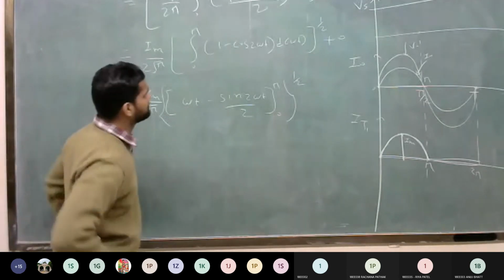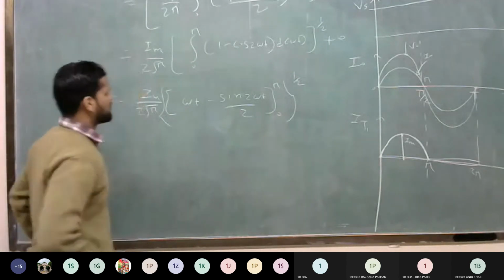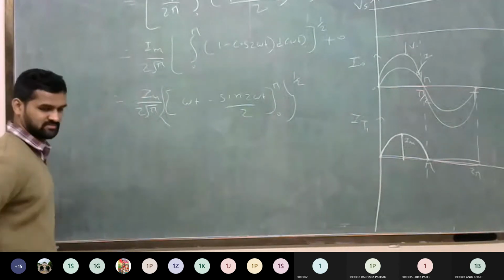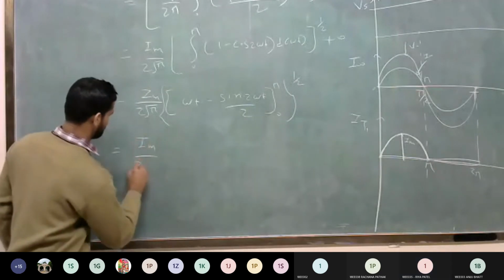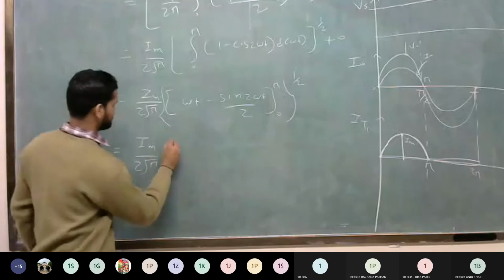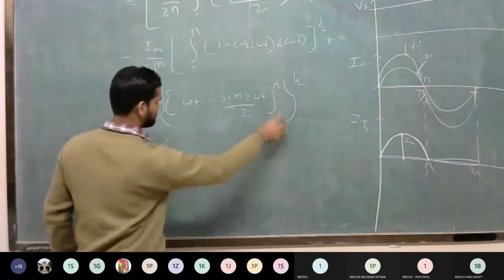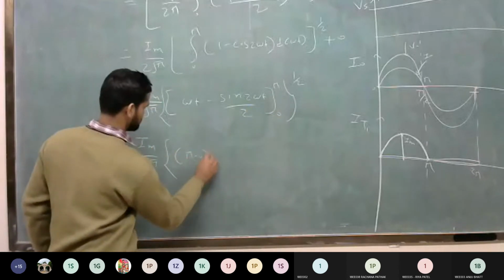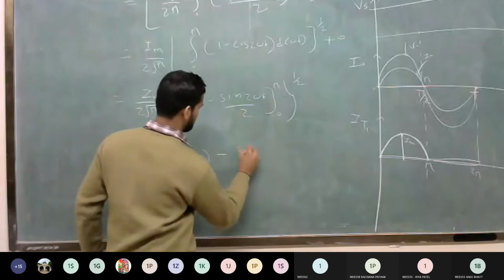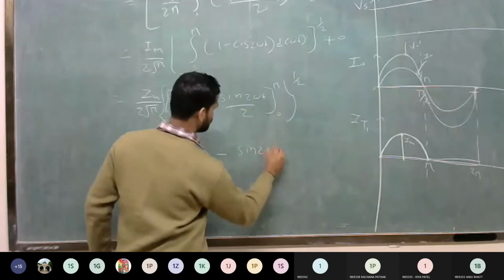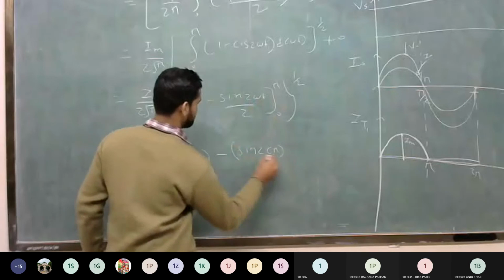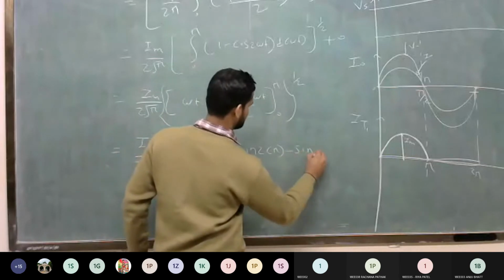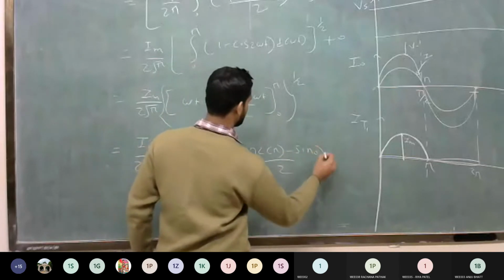All of you please calculate with me. Now simplify this equation. Im by 2. Yes, it is Im by 2. So here omega t from 0 to pi gives pi minus 0, minus sin 2 omega t divided by 2 at pi minus sin 0 divided by 2.